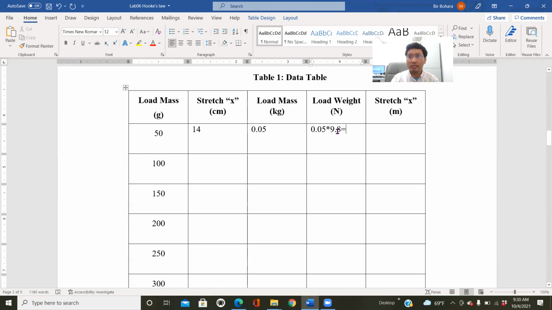You can do it somewhere else in the calculator and write down just the single final value that we get after multiplying this number with 9.8. Similarly, we can convert this number into meter. If you divide it by 100, you will get 0.14. In this way, we have done one data point.